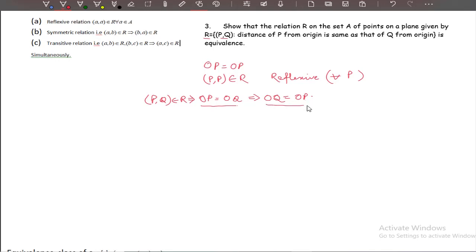If OQ equals OP, that means Q and P are related, so that is symmetric.